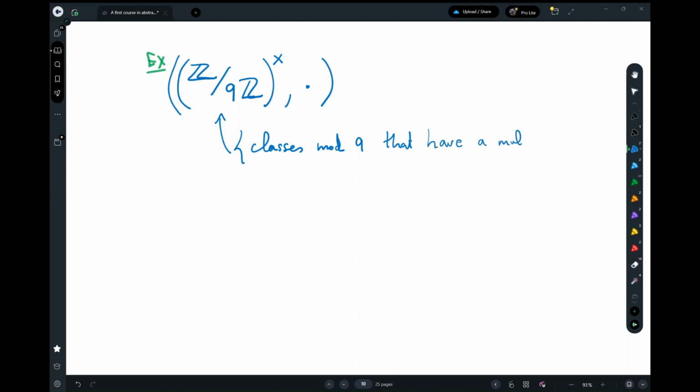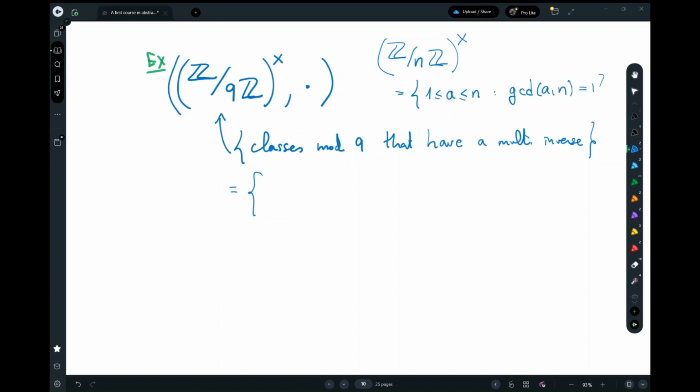That have a multiplicative inverse. So what are those? It turns out that in general, if you have Z modulo n Z, those that have multiplicative inverses turn out to be those classes between 1 and n such that the GCD of a and n is 1.